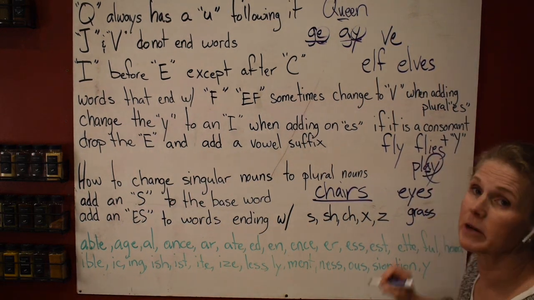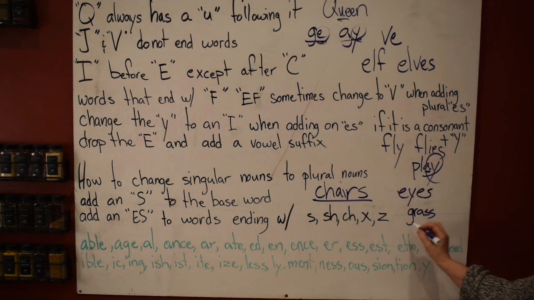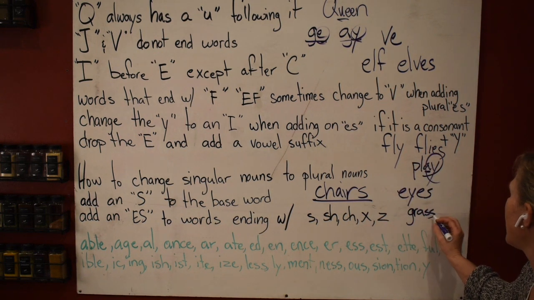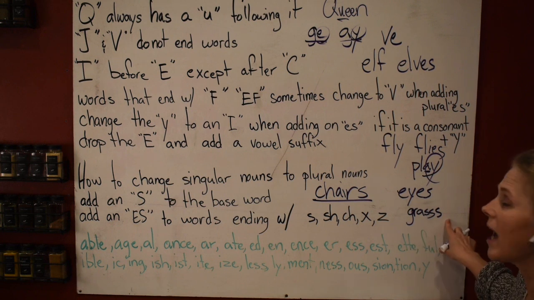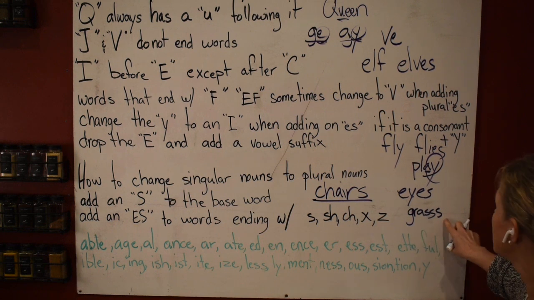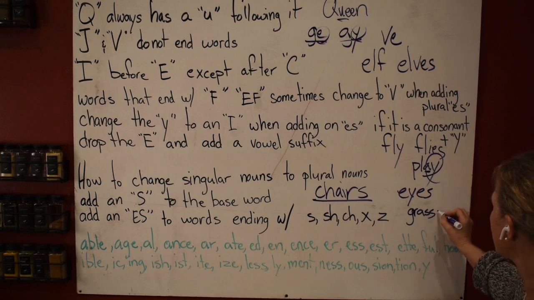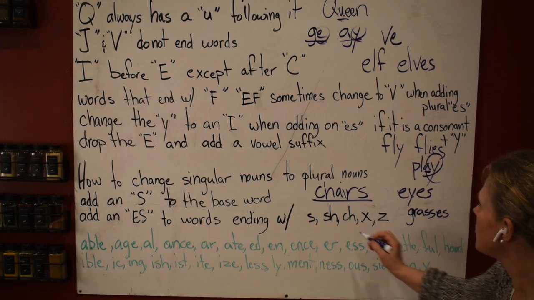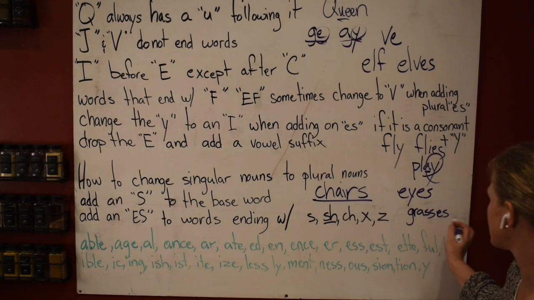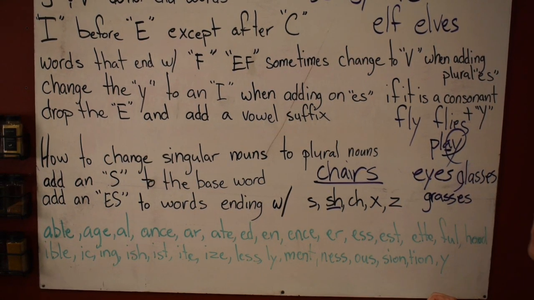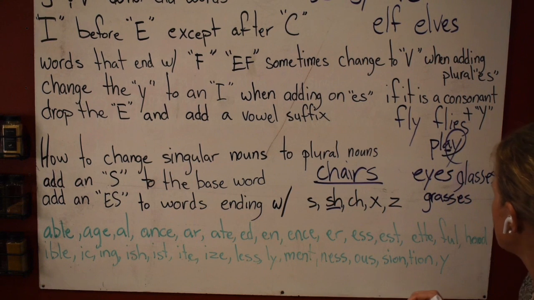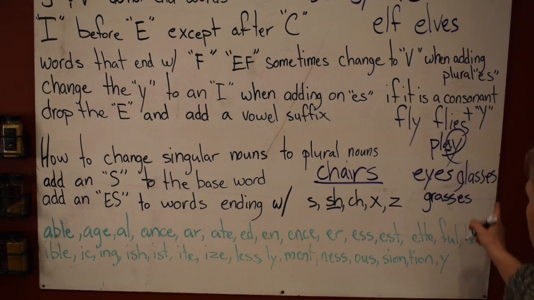If I just add the plural S on, it just says grass, right? You can't hear it, so you have to do the ES. Grasses. Glasses. Classes work as well.